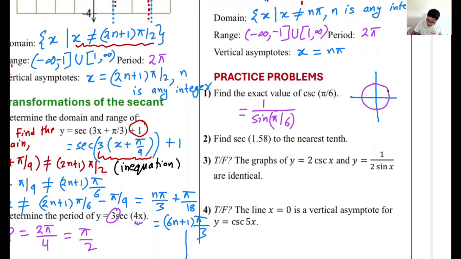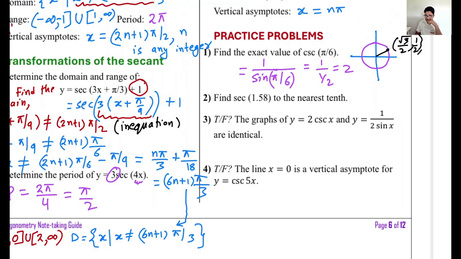By definition, sine is the y coordinate corresponding to angle pi over 6, where the coordinates on the circle are root 3 over 2 and 1 over 2. The y coordinate there. So that's going to be 1 over 1 over 2, which is 2.